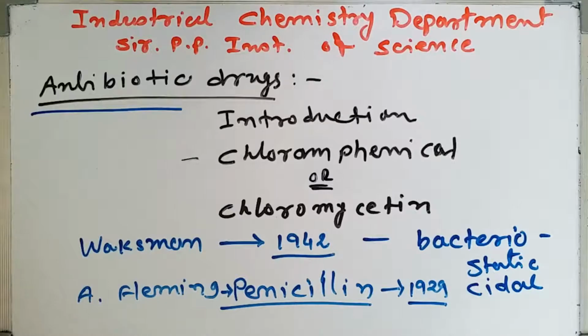Antibiotics are chemical substances, and most of them are optically active because of their complex structure. Their synthesis is not commercially useful and most of them are manufactured by biochemical methods.